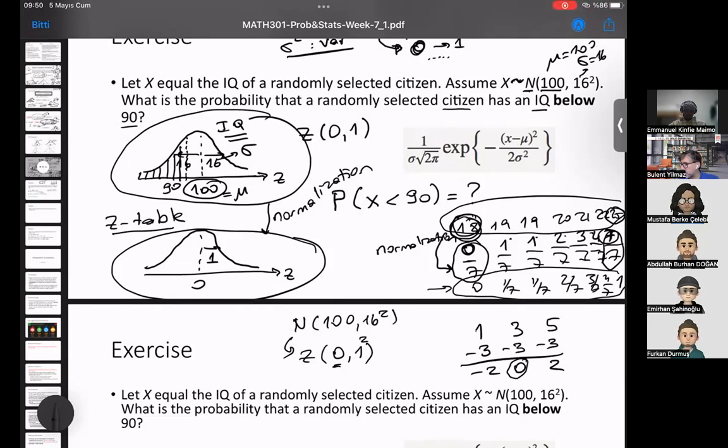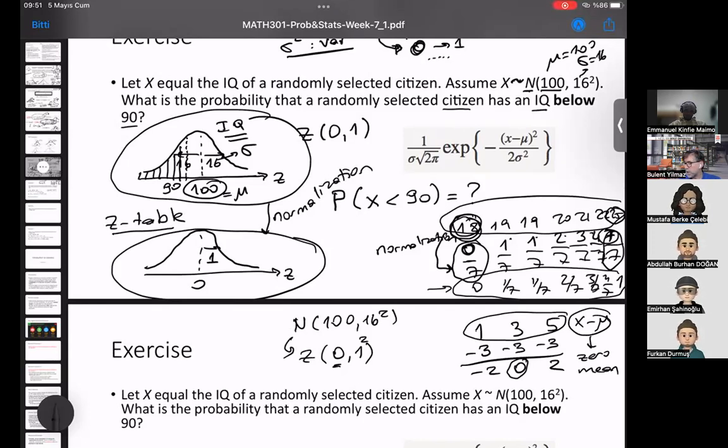If you subtract the mean of your distribution, mu, from all data points, you're going to get a 0 mean distribution. Is this clear?